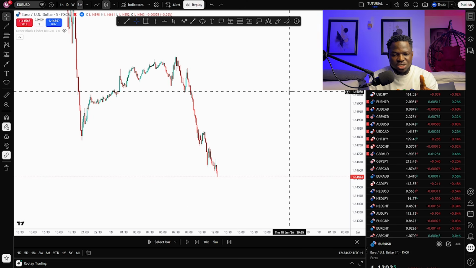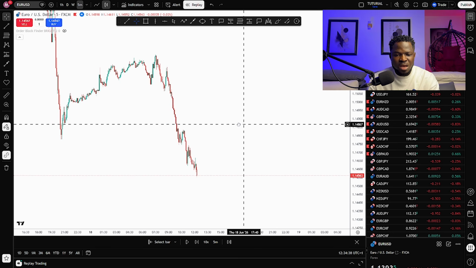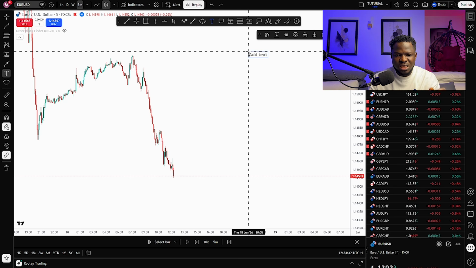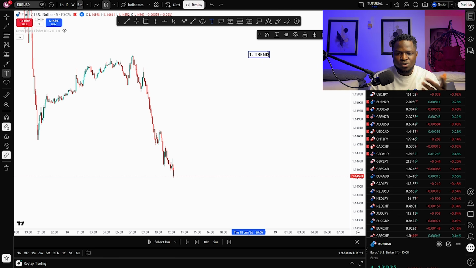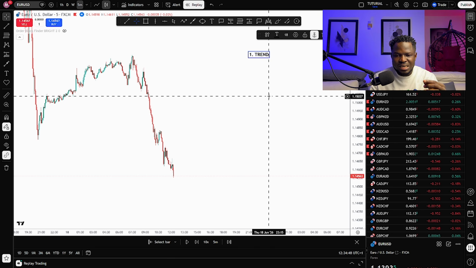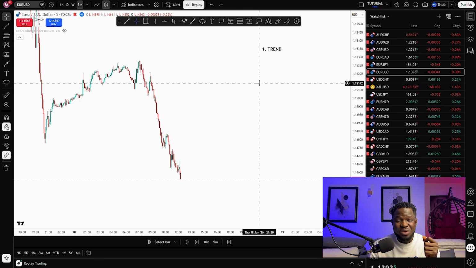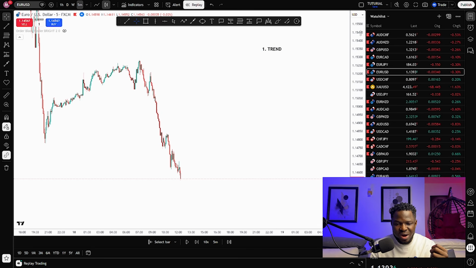Let me show you the bearish example of this strategy in a situation whereby sellers are the ones in charge of the market. Don't forget the blueprint system. When you open your chart, the first thing you want to observe in the market is the trend, right? To know who is in charge of the market. Is it sellers or the buyers? Once you are able to figure out the trend, it will help you to predict the price action.